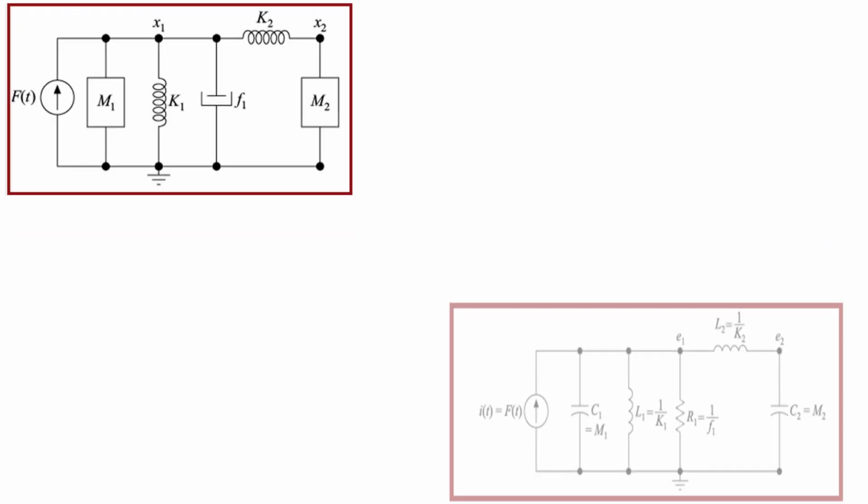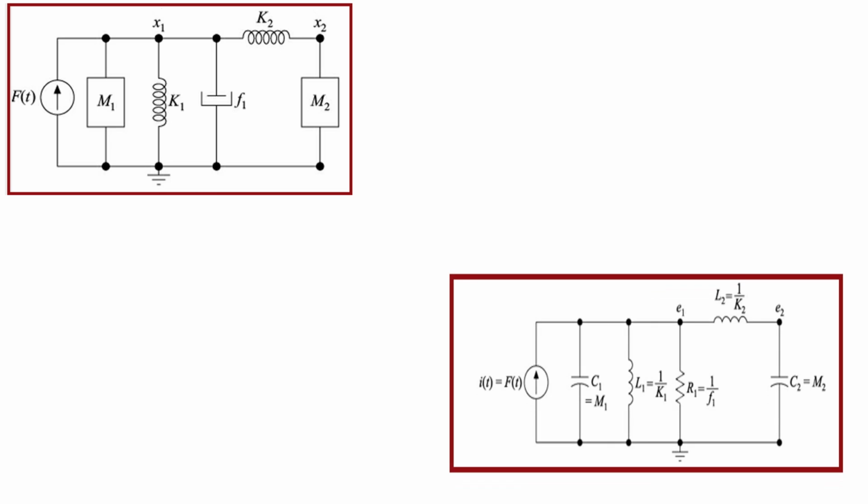And from the mechanical network, I am going to draw the electrical network using the force current analogy. For the force current analogy, force is equivalent to current. Then C is equal to M, L is equal to 1 by K, then R is equal to 1 by f.